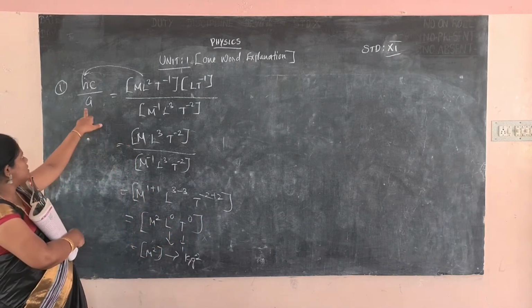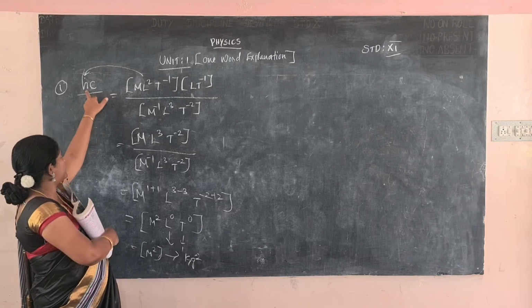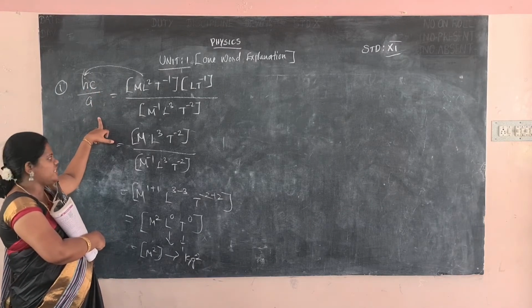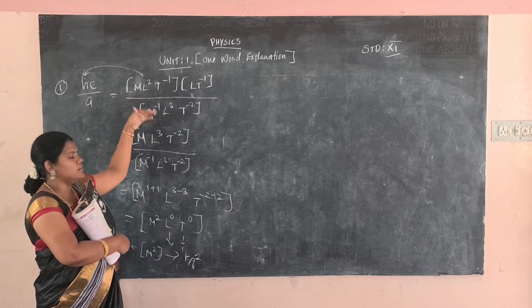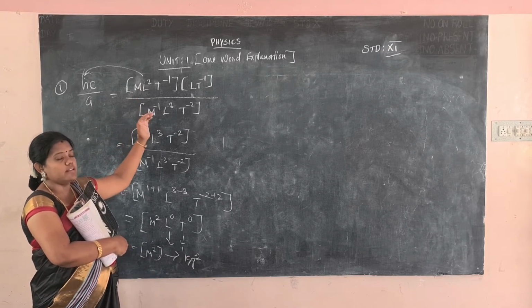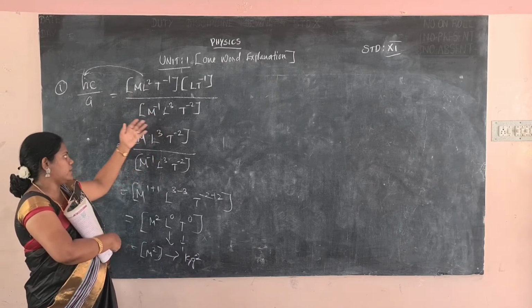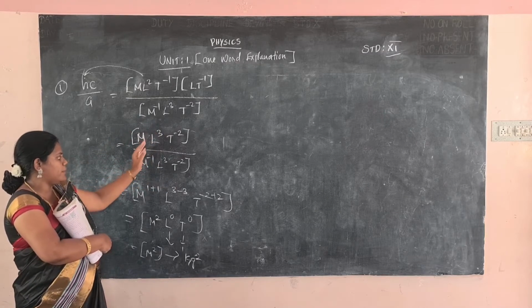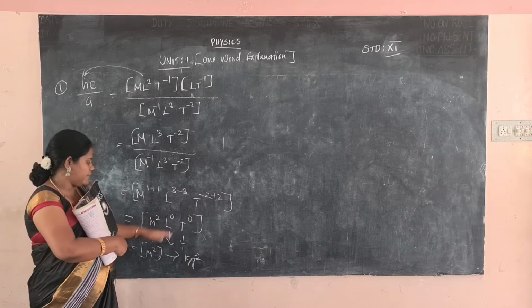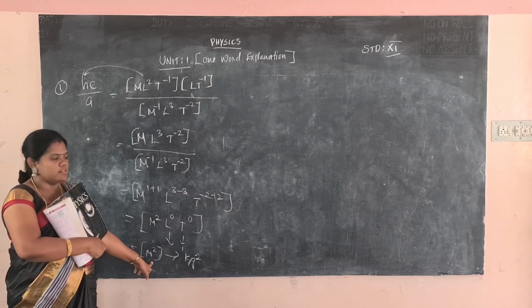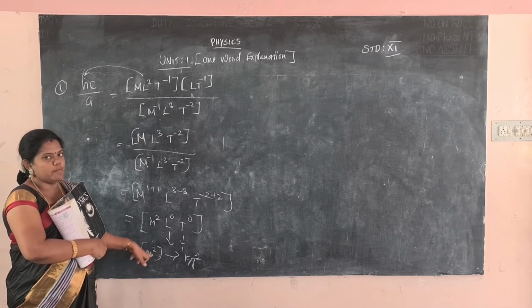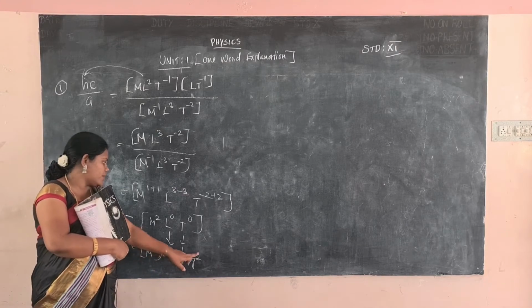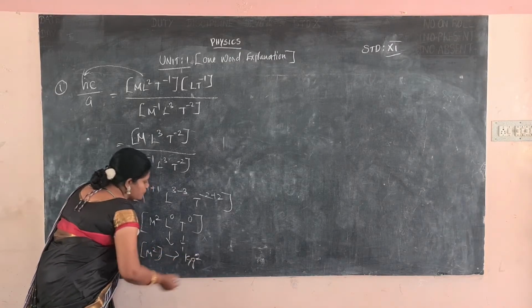First put the dimension formula for H, C and G. Then take the denominator to the numerator, add all the powers, and the final answer is M square. The unit of mass is kilogram, so kilogram square is the answer, option A.